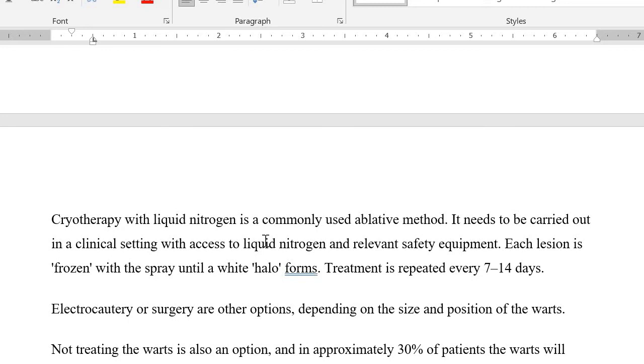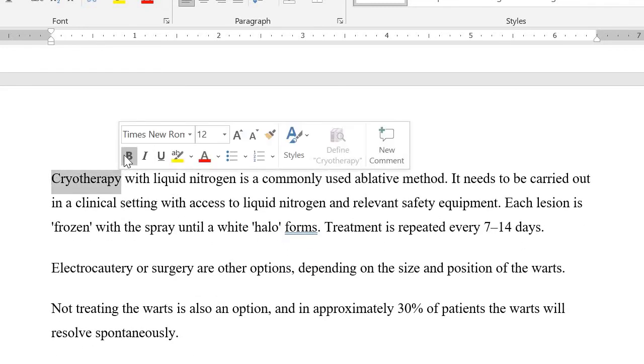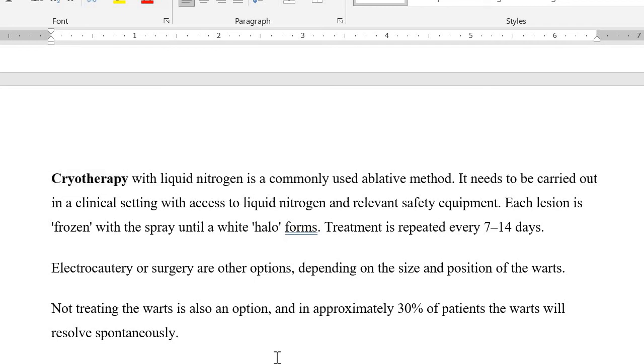After these treatments, there is another treatment which is called cryotherapy. This cryotherapy, like cold therapy, is offered with liquid nitrogen, a commonly used ablative method. It needs to be carried out in a clinical setting with access to liquid nitrogen and relevant safety equipment.